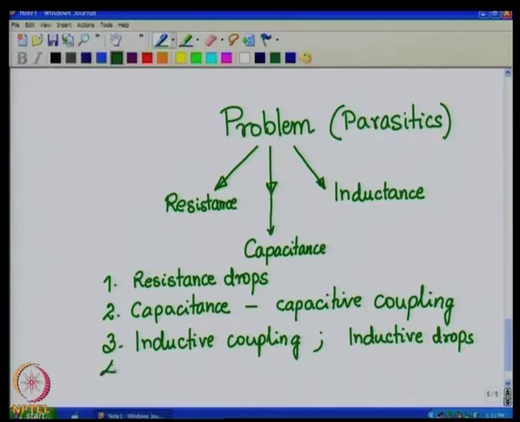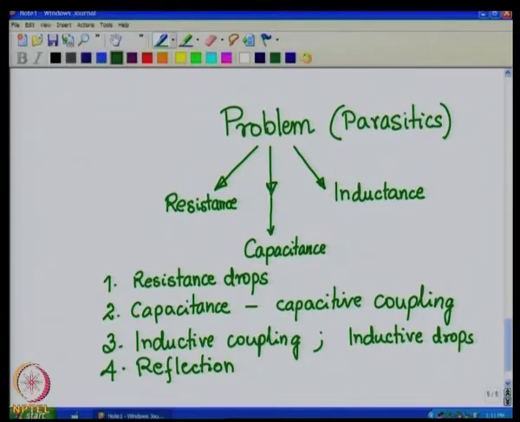And then you have another problem, the problem of reflection. At high frequencies, when you use high speed digital circuits, the clock frequencies or the waveforms in most cases are pulses. They have very fast rise times, and these fast rise times mean very high frequencies, and the tracks will behave like transmission lines.